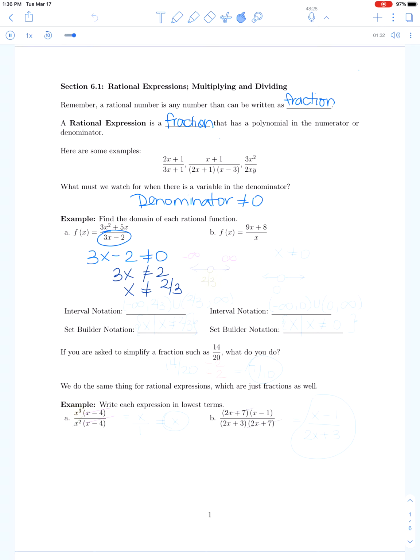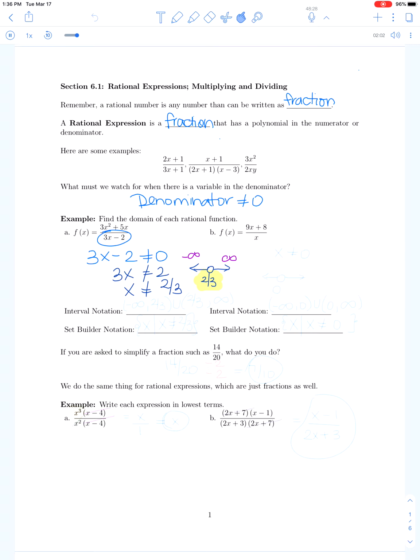A graph for this would look something like the following, where you can have anything before 2/3 in the negative infinity direction, and you can have anything after 2/3 towards the positive infinity direction. But the problem is, at exactly 2/3, you have a problem. You cannot use 2/3 because it makes the denominator 0.